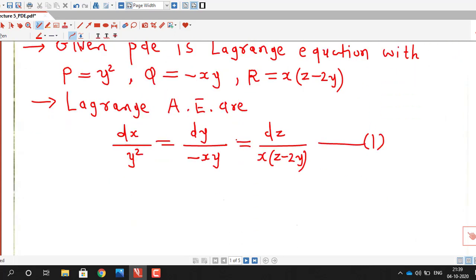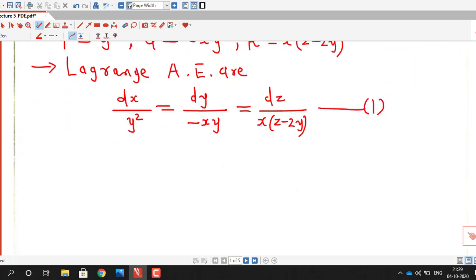Now if we concentrate on the first two fractions, then we can see in the first two fractions differentials are dx and dy, and remaining terms are in terms of x and y.